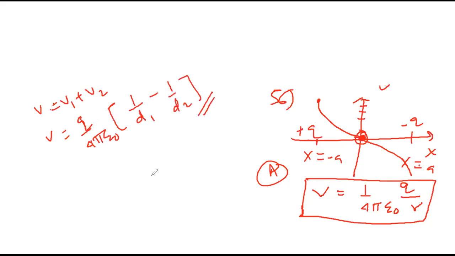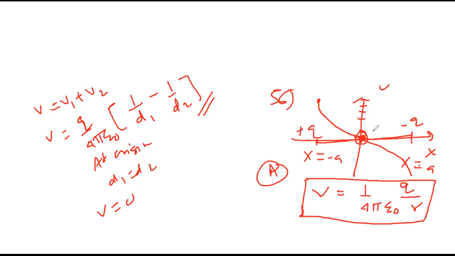This part clear? Now at the origin, the distance of both charges is the same. D1 is the same as D2, so the net potential will be 0. So it should pass near the origin. Of the options near the origin, we have two, A and B. Correct? Now either A will be correct or B.